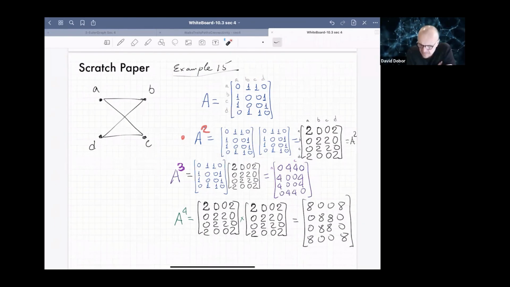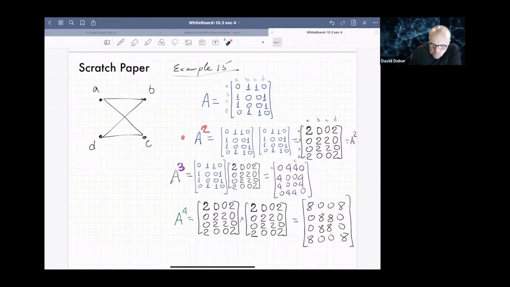So I have 4 paths there. Finally, A^4: if I wanted to count the number of paths of length 4, then I would look at the 4th power of this matrix, and an entry of 8 here will tell me that there are 8 paths of length 4 from A to itself, to A.